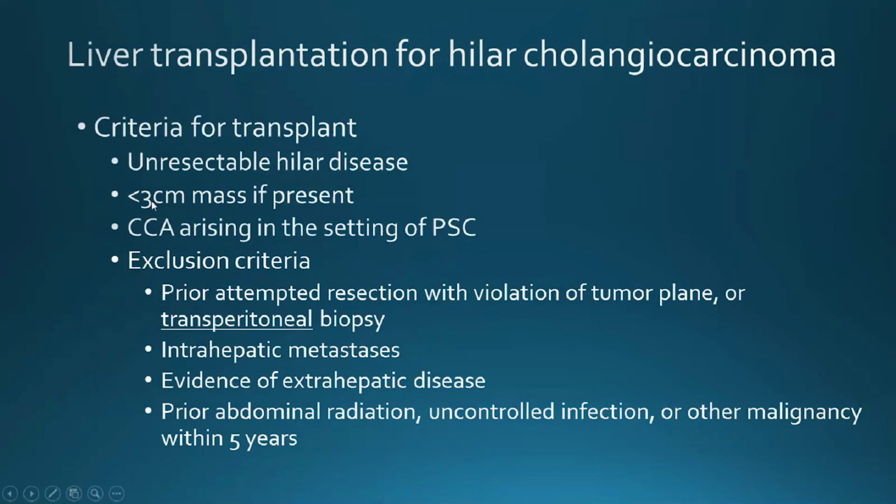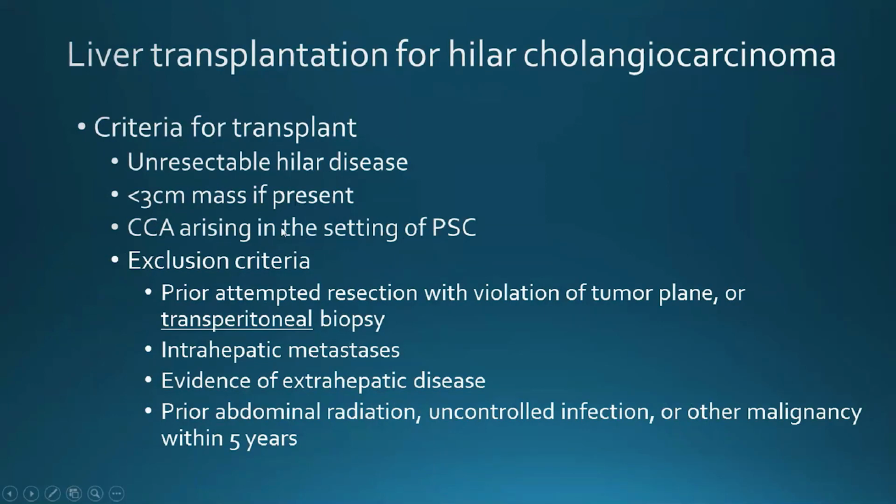It should not be resectable. It's sitting right in the hilum of the liver with probable involvement of the right and left duct, and the tumor should be less than 3 centimeters, and cholangiocarcinoma mostly arising from the condition of primary sclerosing cholangitis. So we have to change the liver.